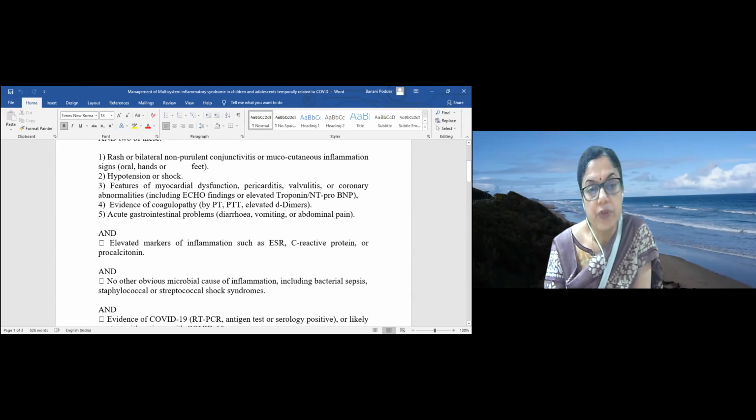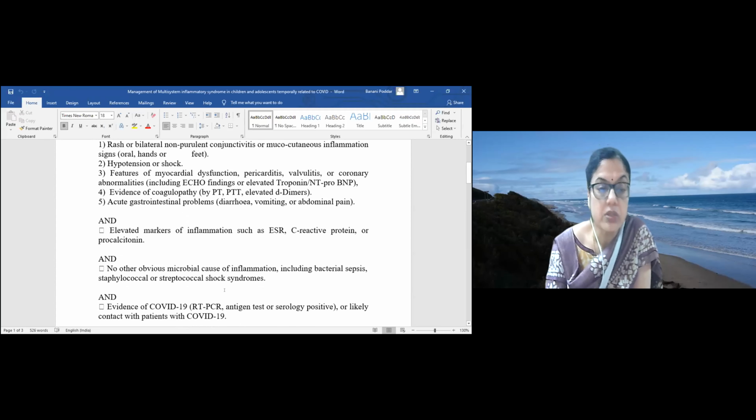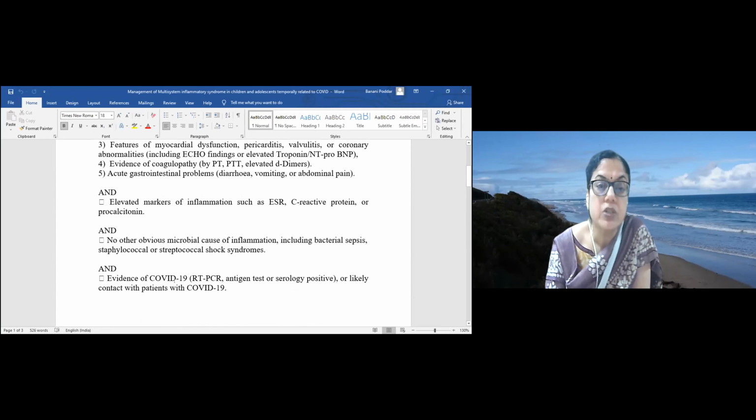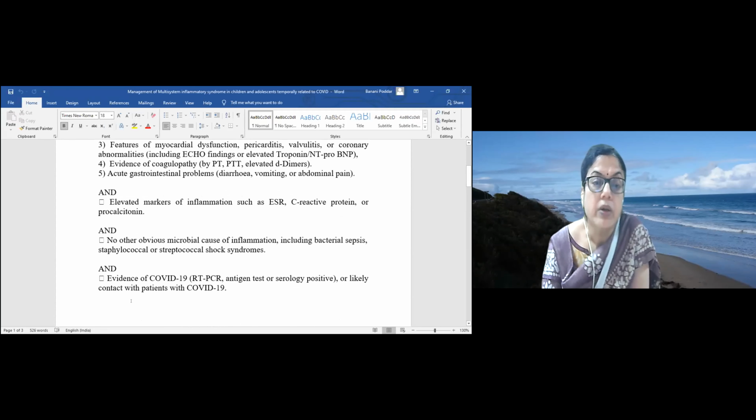And no other obvious microbial cause of inflammation, including bacterial sepsis. And one should be very wary of staph or streptococcal infections. And evidence of COVID-19 in the form of either an RT-PCR, antigen test or serology positive, which is the most likely, or a history of contact with patients with COVID.